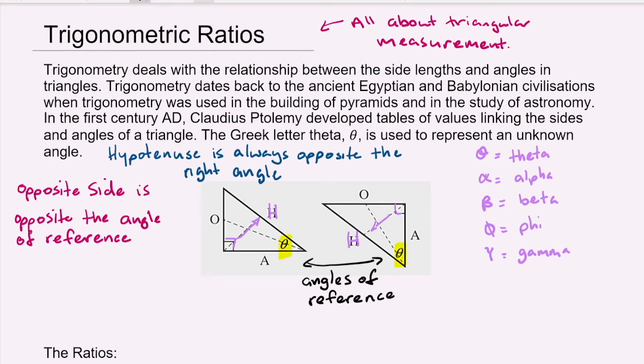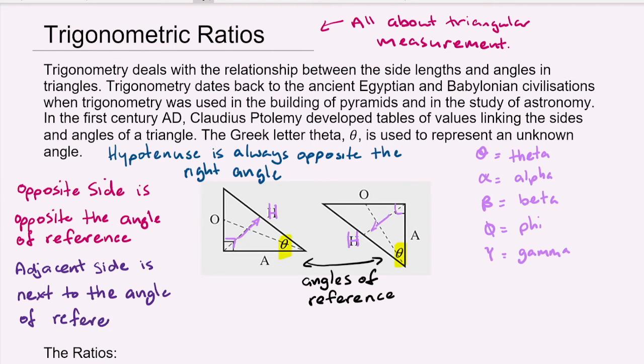And then we have our last side, which is the adjacent side. That word adjacent just means next to, and it's always next to the angle of reference. And that's how we label all of our sides.